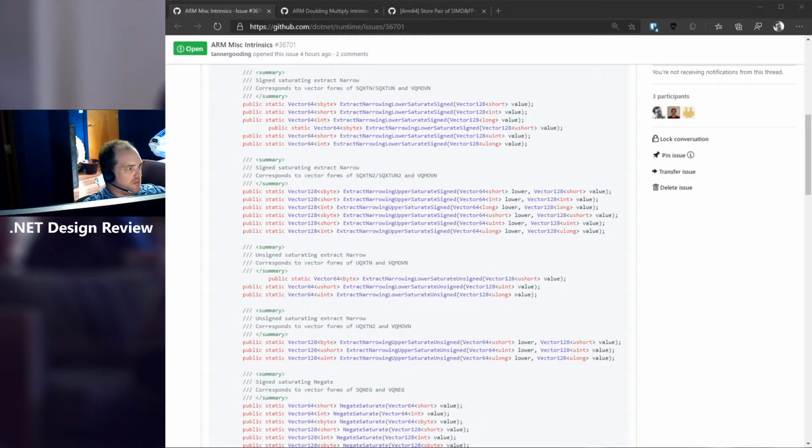Basically, extract narrowing saturated signed. Yeah, I guess. And narrowing.